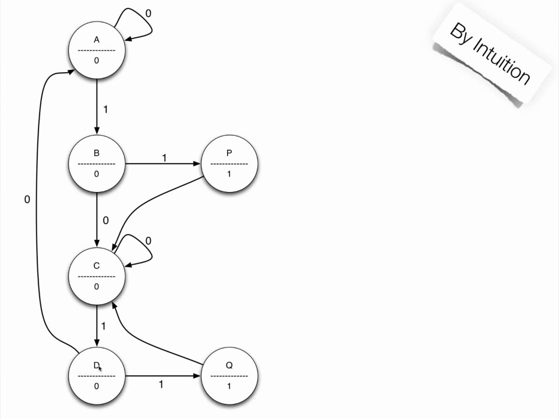So if you're in state D, instead of going here, what if we went here? Well, the output will become a 1, and the next state would be C. Exactly the same as if you go to Q. The output will be a 1, and the next state would be a C. You're in the same part of the sequence, the outputs are identical, it's the same. So through intuition, we can get rid of one of these.